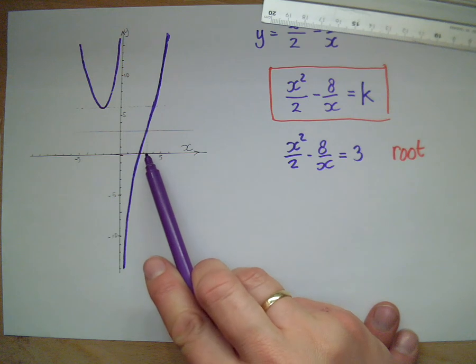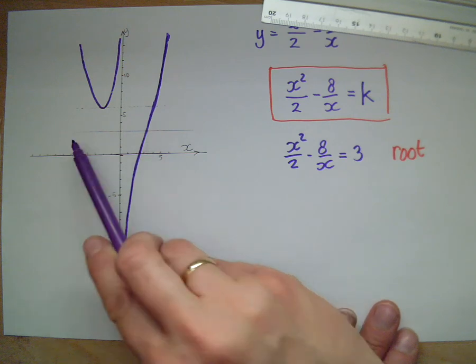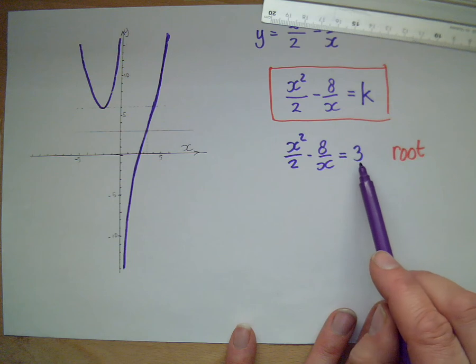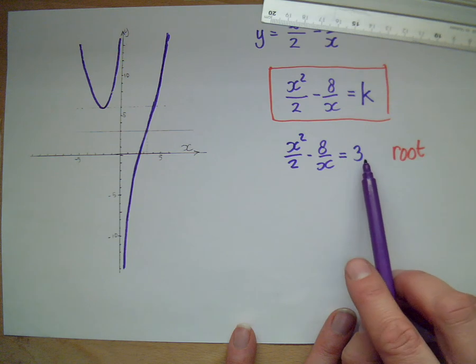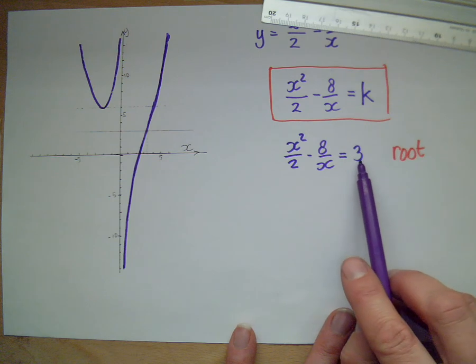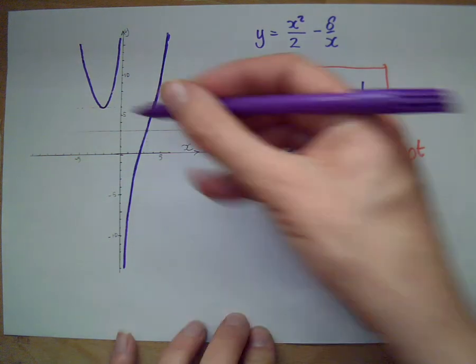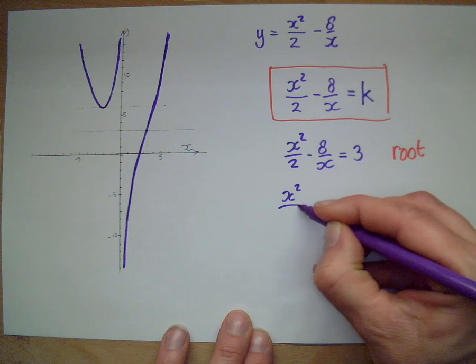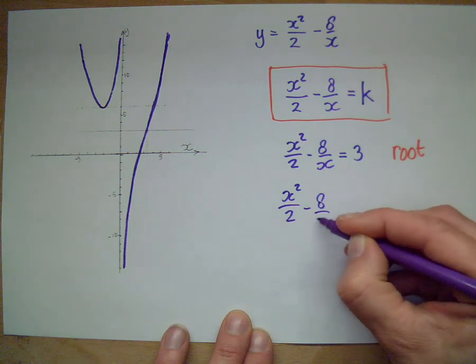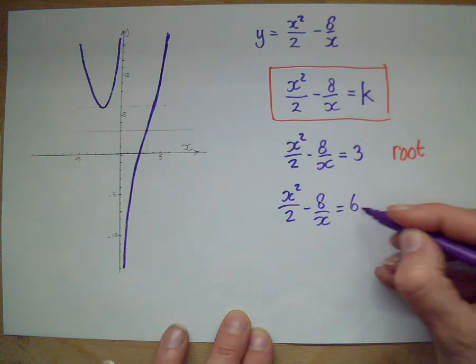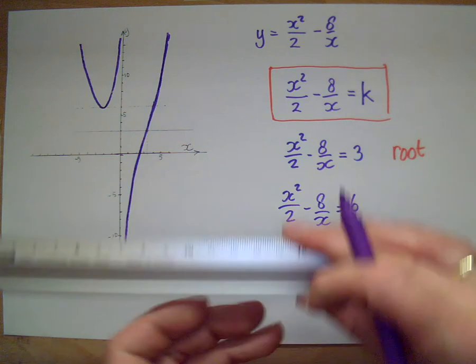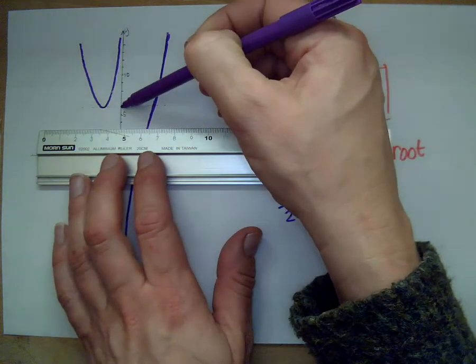But what if I'd drawn my horizontal line? What if I hadn't picked 3 but some different number? Say I chose 6. x squared over 2 minus 8 over x equals 6. And I've drawn it here. This is 6.